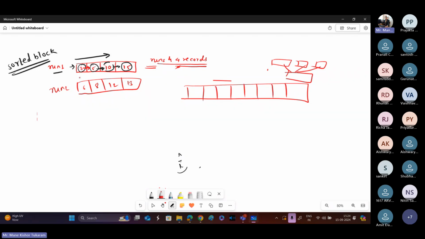Okay, and here what is my requirement? I am having 2 runs and each run having 4 records. So this is my requirement and I want to apply the two-way merge sort. Okay, so I will give an ISC on this. I will give an example and you have to convert and sort it and bring it as an ISC.